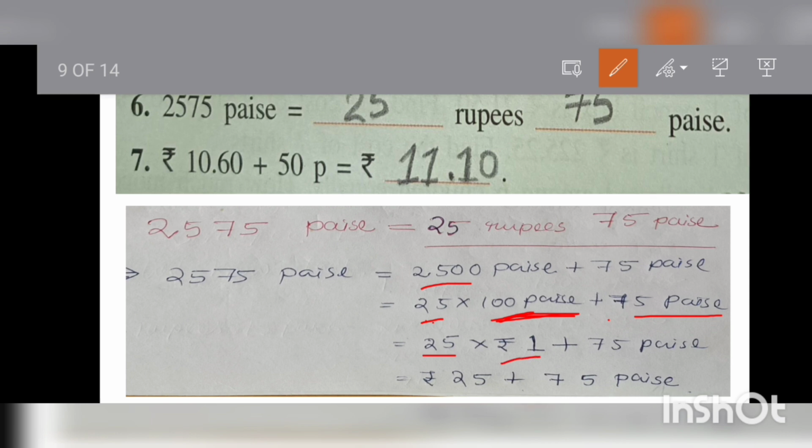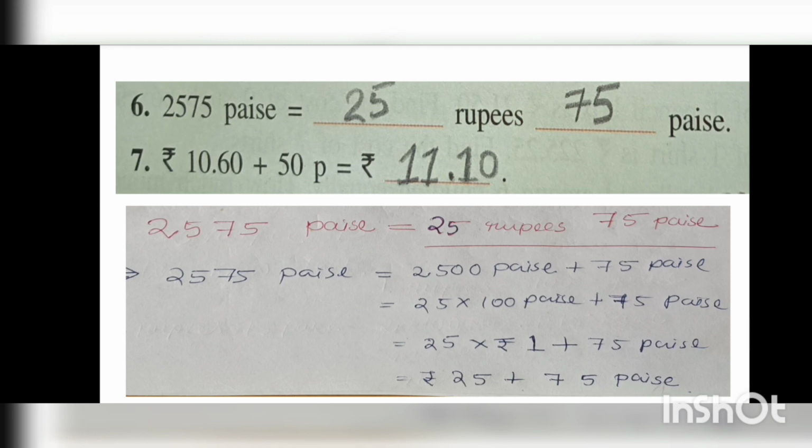Plus 75 paise. So 25 into rupee 1 is rupee 25 plus 75 paise. So that means 2575 paise equals 25 rupees 75 paise.